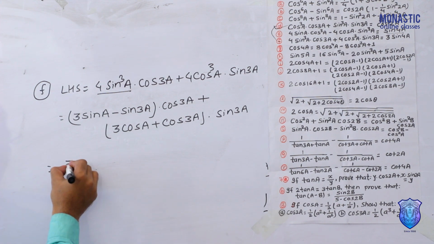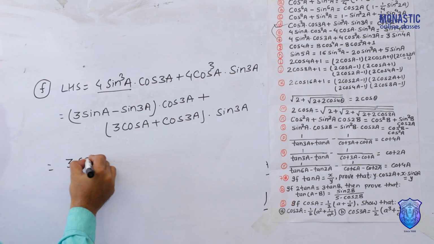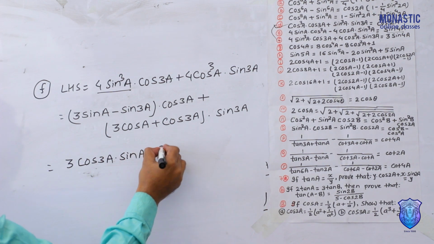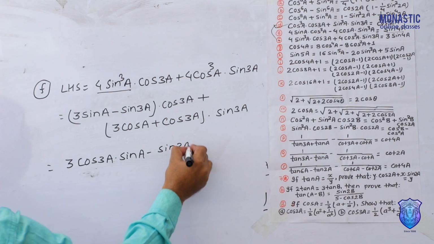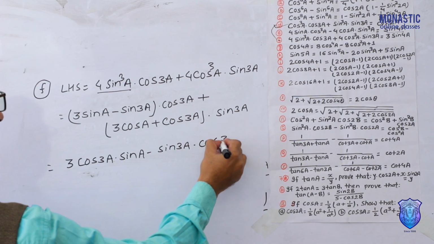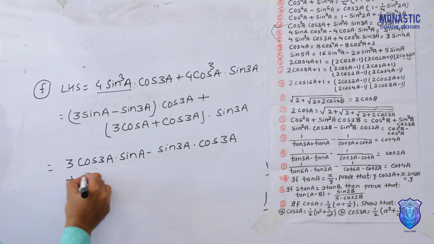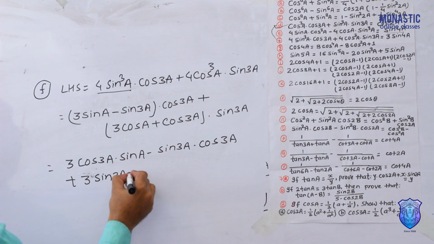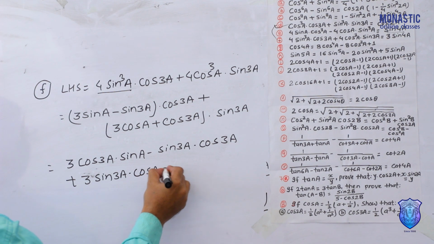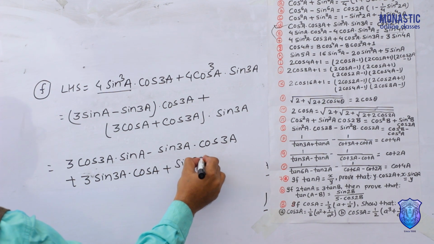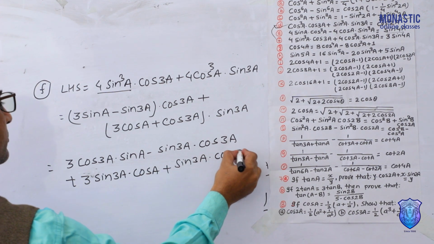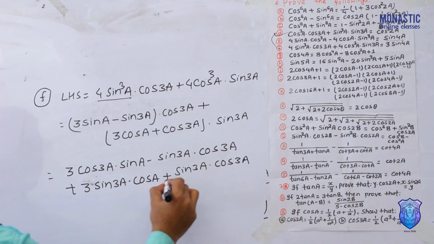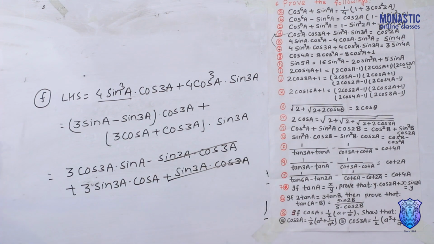Do the simplification, do the multiplication. 3 cos 3a into sine a minus sine 3a into cos 3a plus 3 sine 3a into cos a plus sine 3a into cos 3a. These two are exactly the same, but signs are different, so these two cancelled.